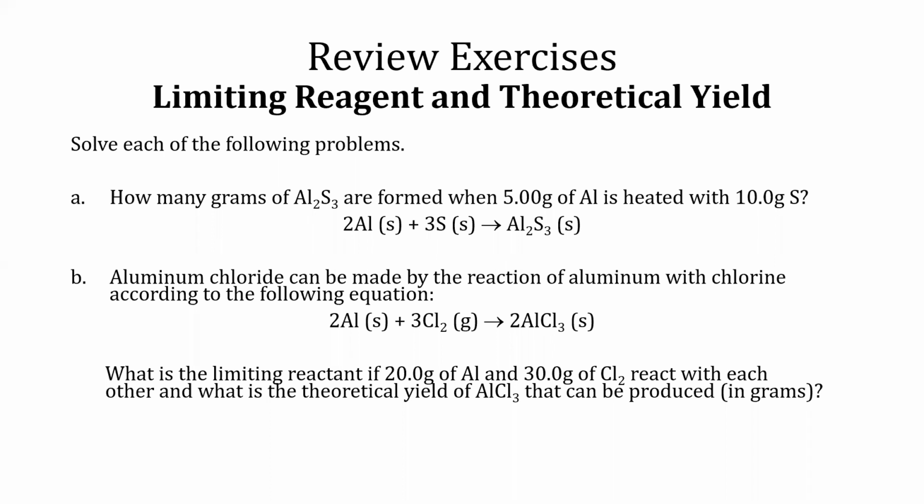What is the limiting reactant if 20.0 g of Al and 30.0 g of Cl2 react with each other? And what is the theoretical yield of AlCl3 that can be produced in grams?